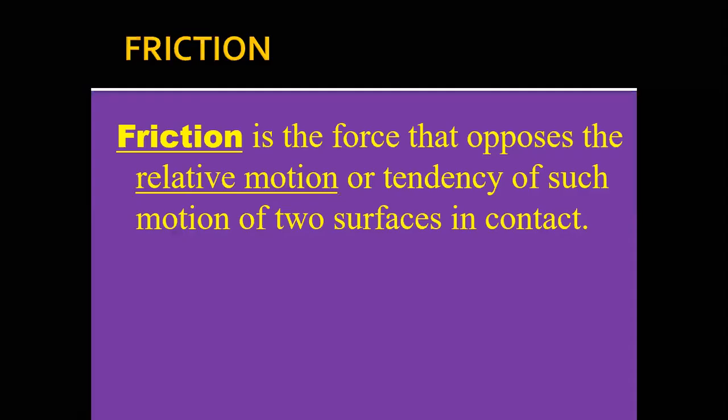So we are looking at friction. So far, in the systems we looked at, we assumed that there was no friction in play. Now we want to look at friction, and we are saying that friction is the force that opposes relative motion. Any force that opposes relative motion is referred to as friction, or you can say it is a tendency of motion of two surfaces in contact.